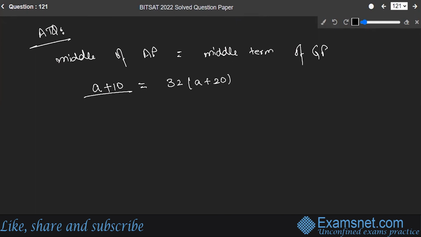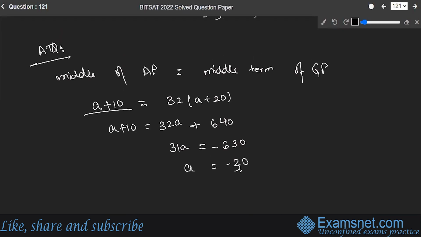I hope you are clear till here. So this gives me A plus 10 is equal to 32A plus 640, or you have 31A is equal to minus 630, right? So I got the value of A as, sorry, not minus 30, minus 630 upon 31.